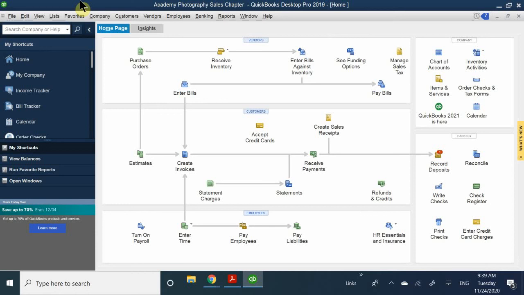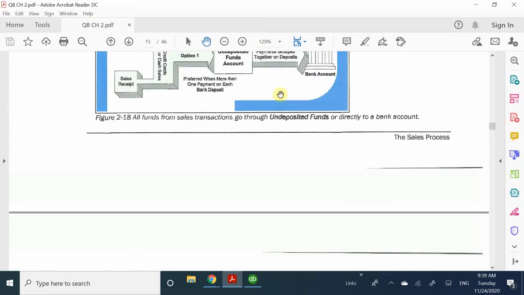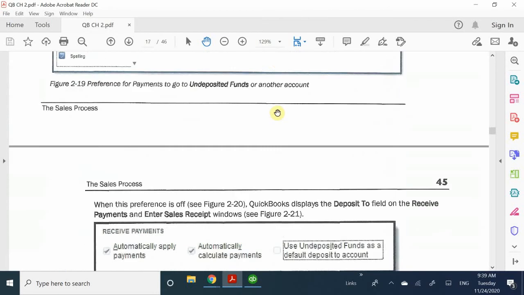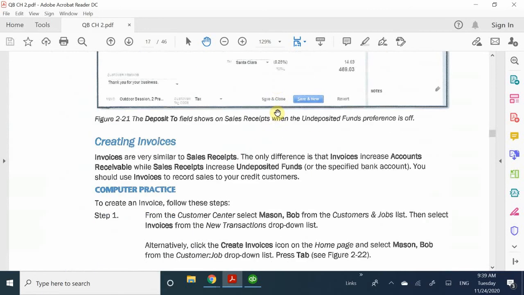It's going to be located here in your either it's called undeposited funds or it's also called this right here, record deposits.